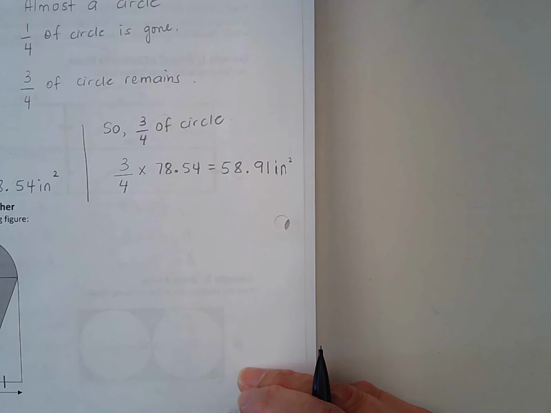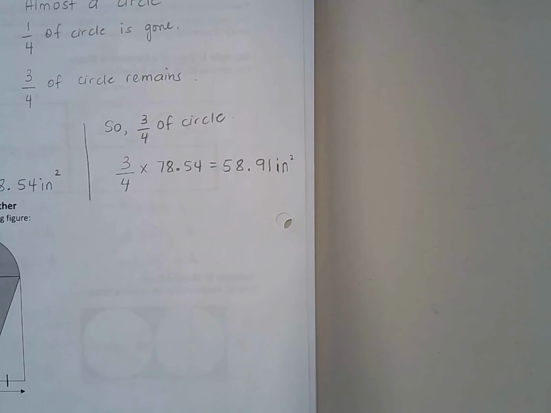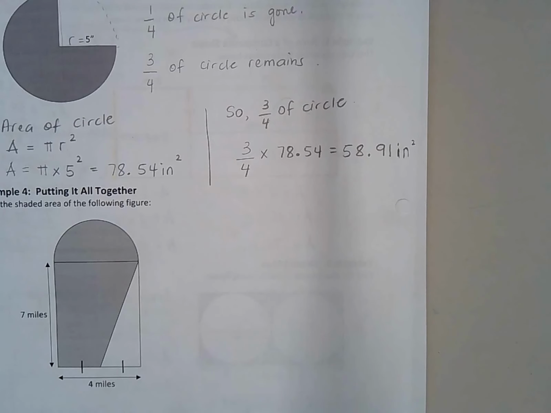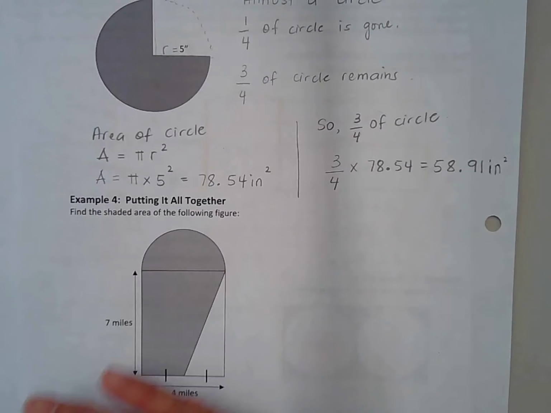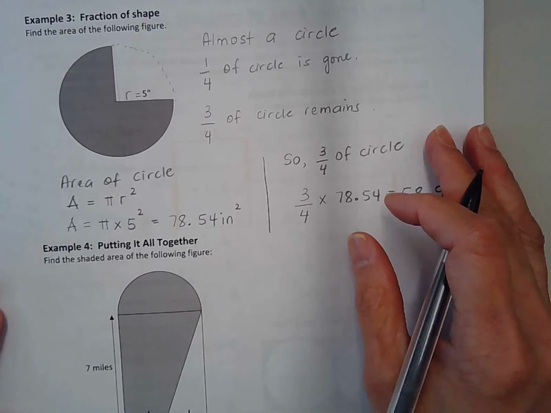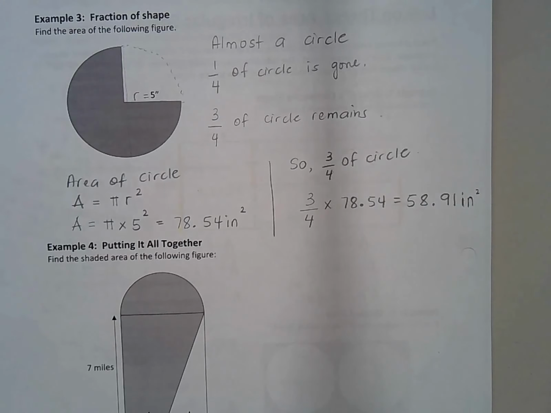Is that okay? Is that fine? Yeah. Why do we bring just 78.54 here on this example 3?